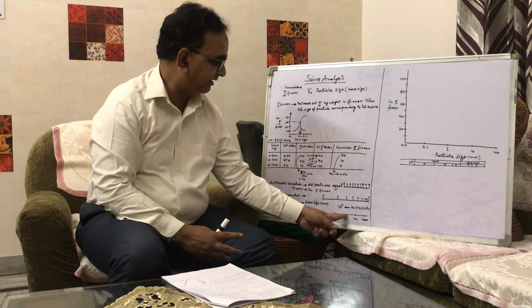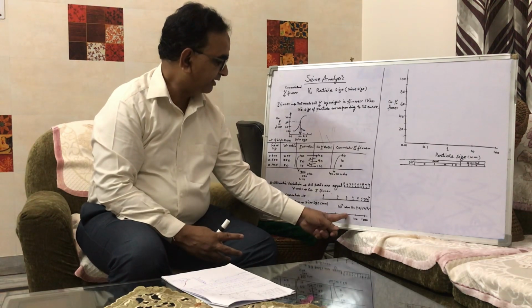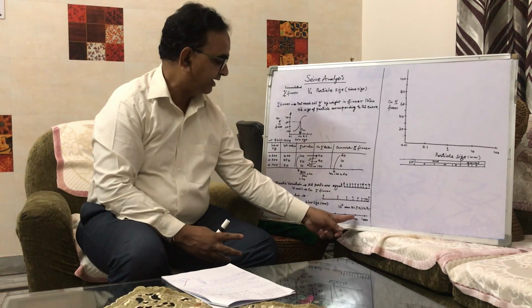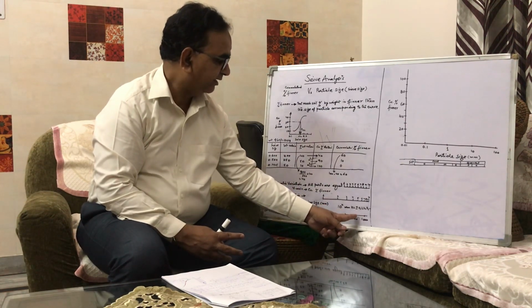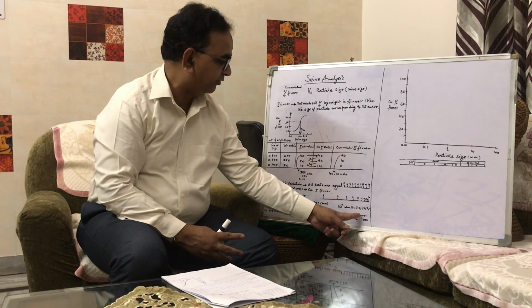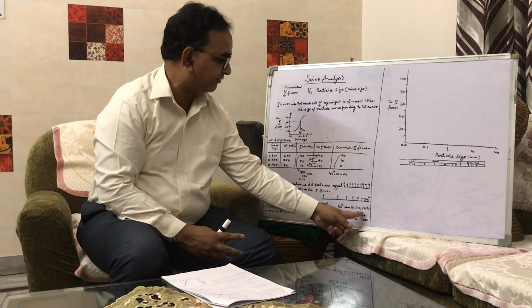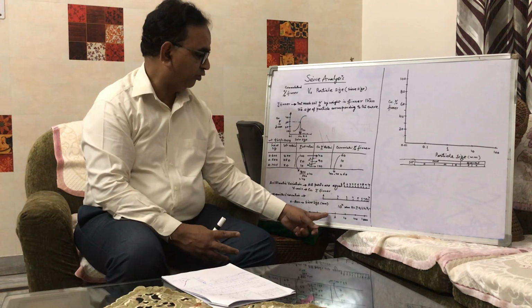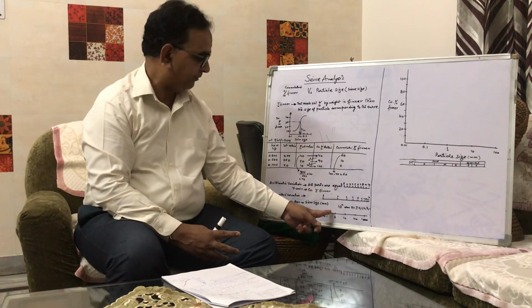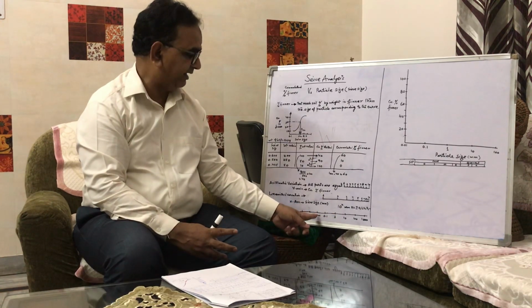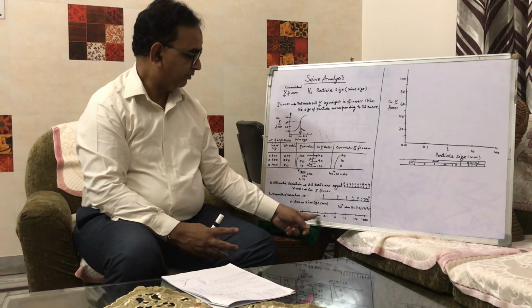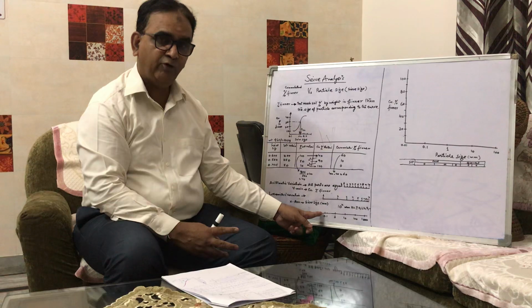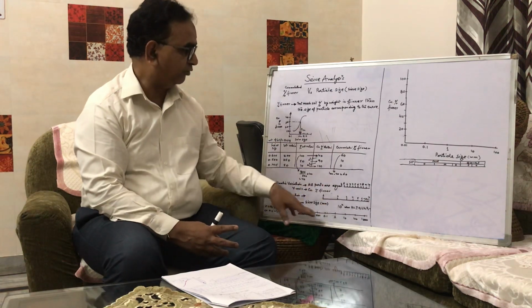If we are in this cycle, each division is 10, 20, 30, 40, 50, 60. If we are in this cycle, each division is 200, 300, 400, 500, and 600. If we are in this cycle, it is 0.2, 0.3, 0.4, and 0.5. If we are in this cycle, it is 0.01, 0.02, 0.03, 0.04, 0.05, 0.06, and so on.